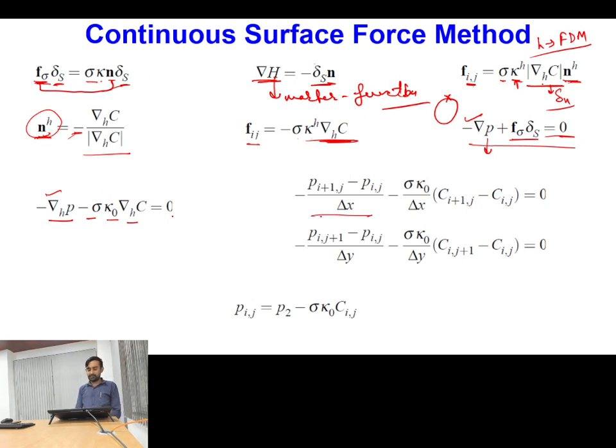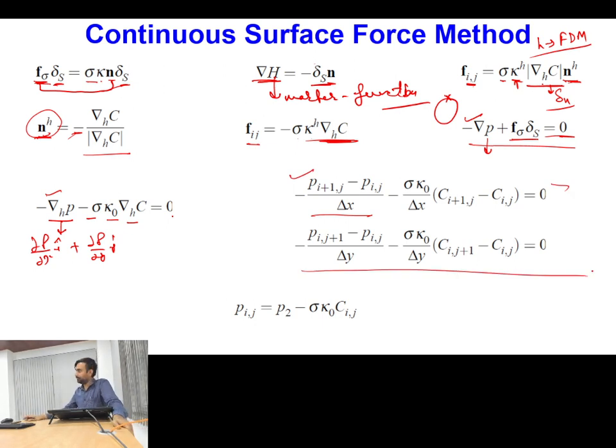This equation can have two components now: del P by del X i cap plus del P by del Y j cap. Similarly, this gradient will be del C by del X i and del C by del Y j. So you can write a component-wise equation and this will be the discretized form. And from this discretized form you can simply conclude that you have this type of simplified situation.